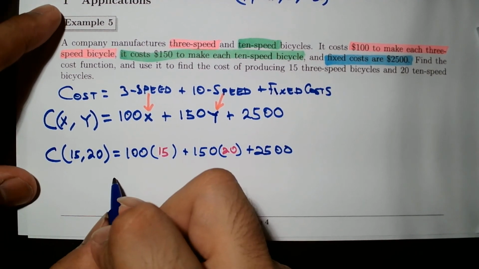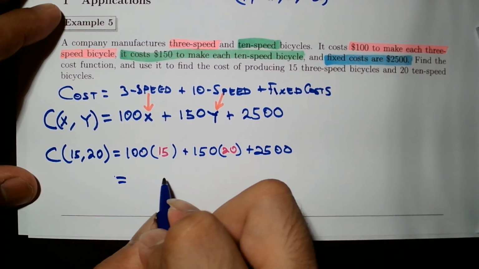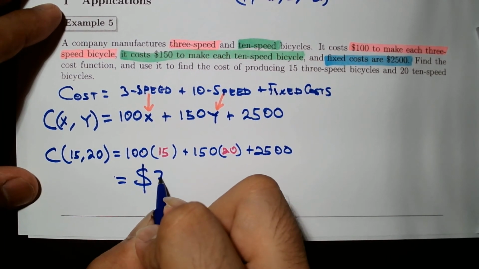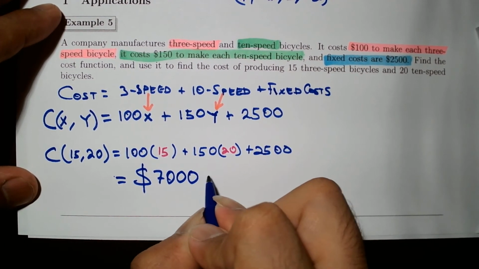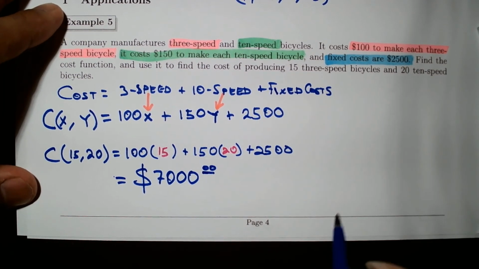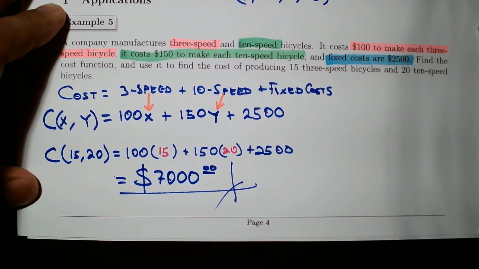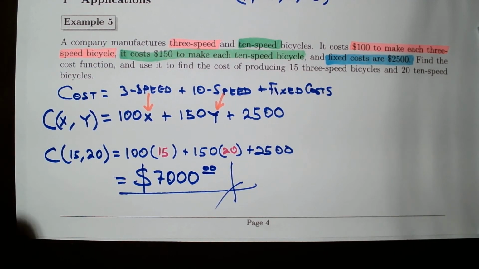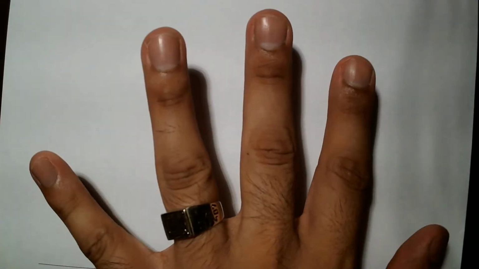So 7,000 is the cost to manufacture all these bicycles. Okay, final answer here. Let's move on to the next page. Let's see what's in there.